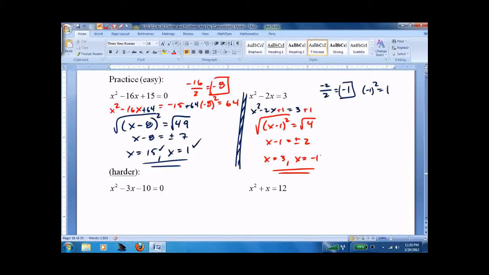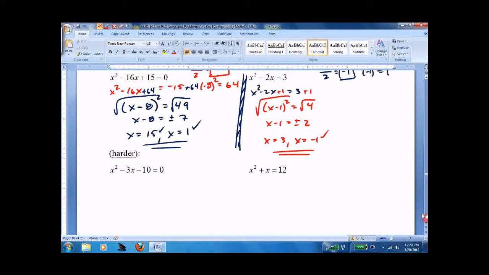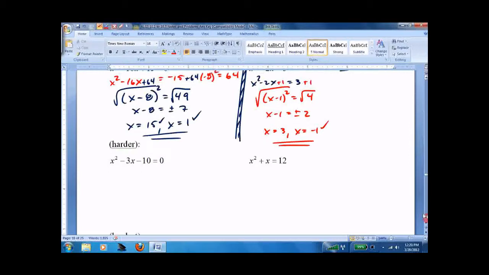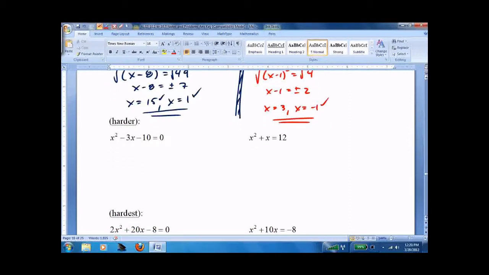Check them. They're done. They work. So those two are pretty easy because they're perfect squares and they work. Now we get life a little bit harder. You might want to try these on your own. The problem is you have odd numbers, so you're going to have to do a little bit of fractions and things like that.